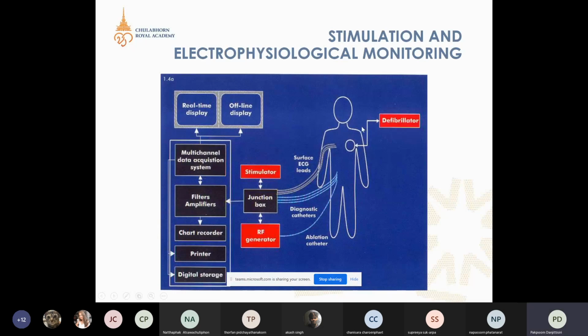You will see the patient lying down over here. To prepare the patient, you have to attach the defibrillator patch first, because you are working with cardiac electricity, so it can cause anything, such as ventricular tachycardia or maybe bradycardia.